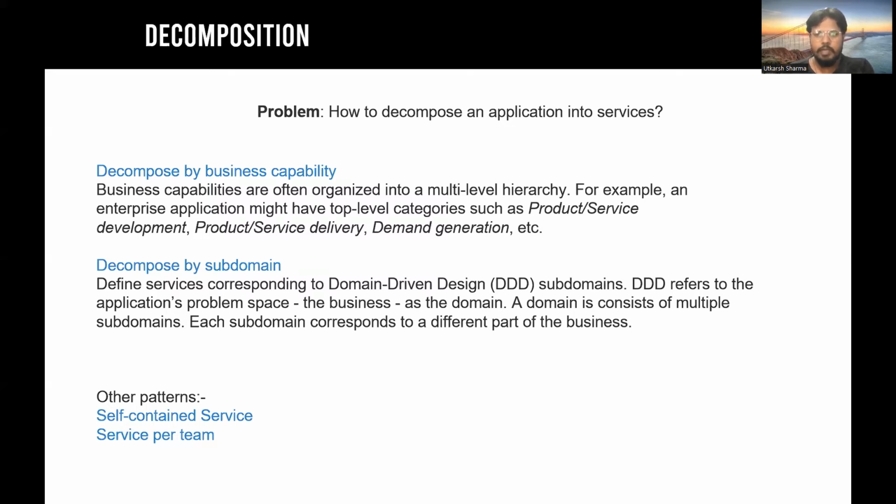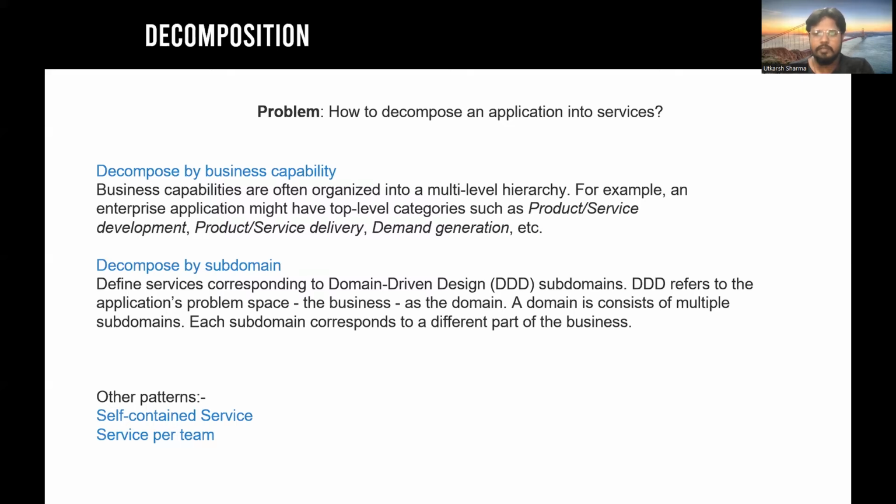Just to add a little more detail, decomposition by business capabilities means identifying the different layers of your application that are responsible for different requirements, that have different business capabilities.